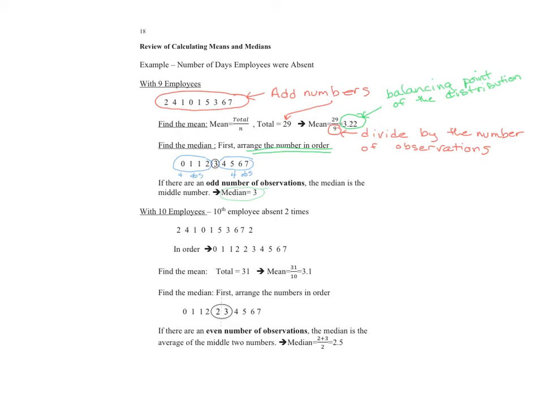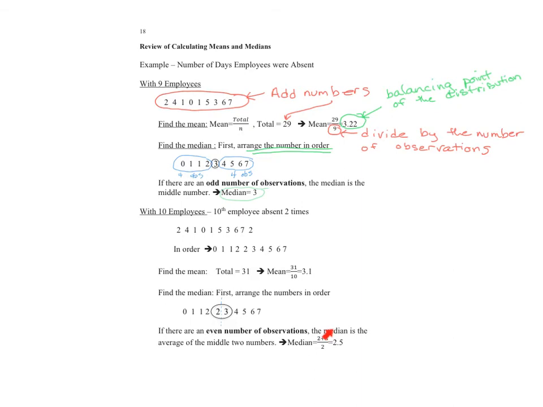And now we really have 2 numbers here that are in the middle. Notice we have 5 observations here and 5 observations here. So the middle comes between the 2 and 3. To find the median in this case, instead of using one of the numbers from the distribution, we're going to average these 2 numbers.